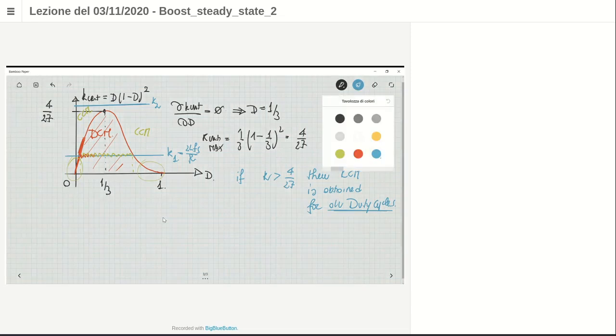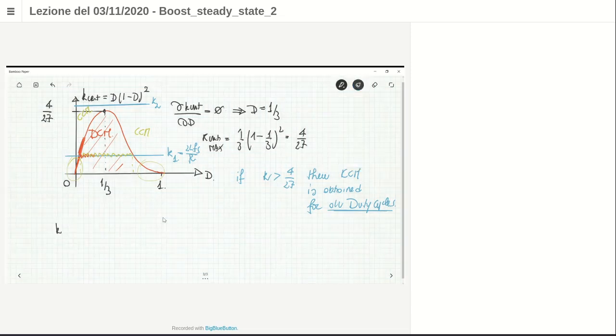Okay, so what is this condition? K higher than 4/27 means that K = 2LFs over R is higher than 4 divided by 27.